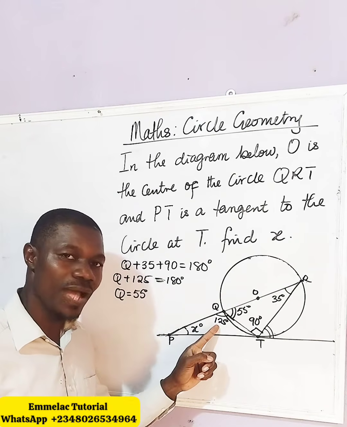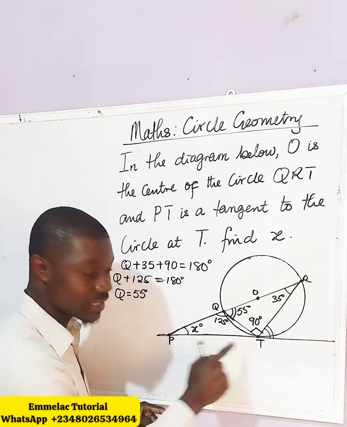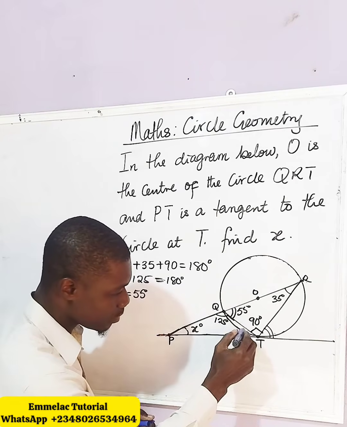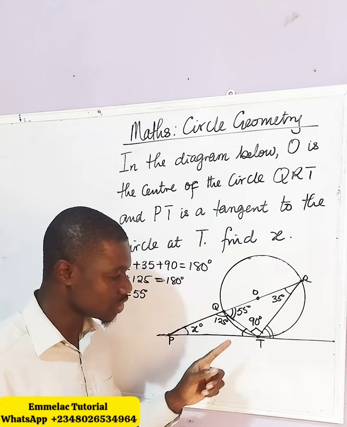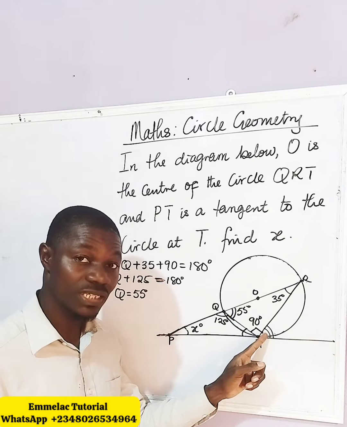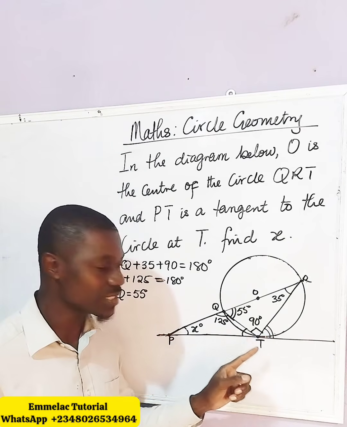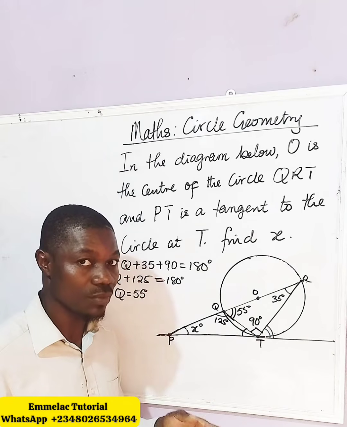Now take note that this is what we're looking for. We've gotten a part of the triangle that makes up P, Q, and T. However, we are left with this part. But how do we get this part? Let's take a look. Look at this angle and this angle. They look alike, which implies that this angle here and this angle are equal.